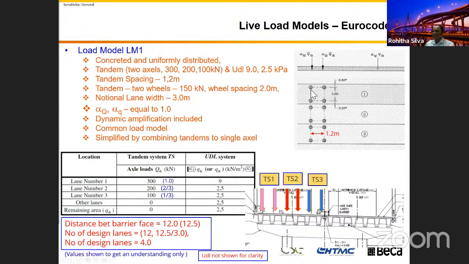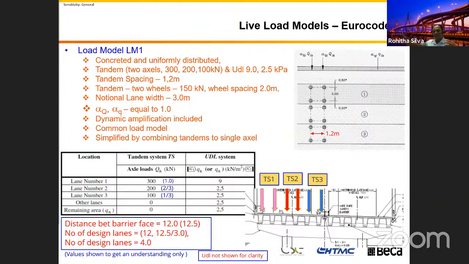They represent the first lane axle as 300 kilonewton, the tandem is 600 kilonewton. You put a 600 kilonewton, because this closed space is 1.2 in your lane.